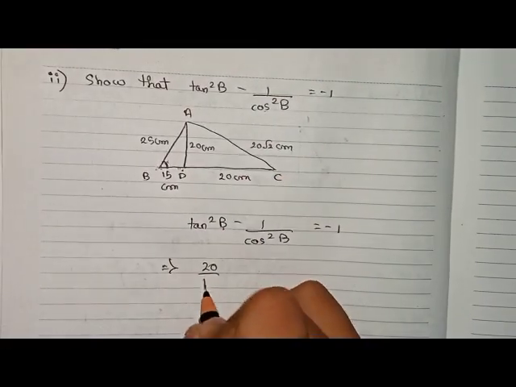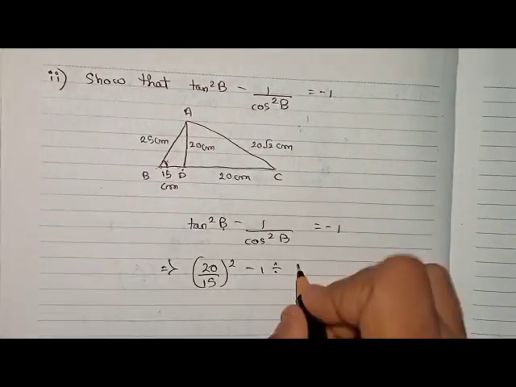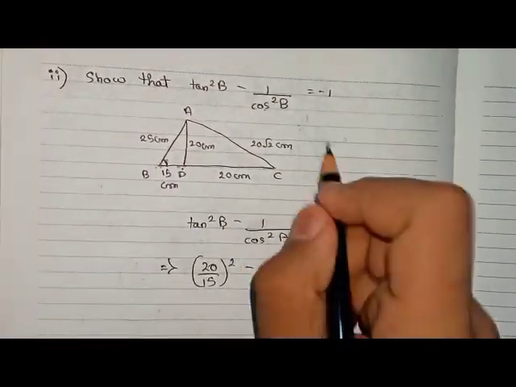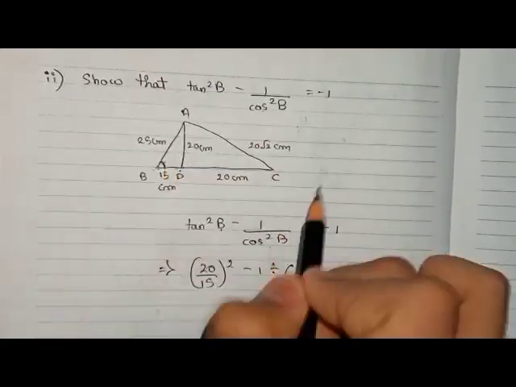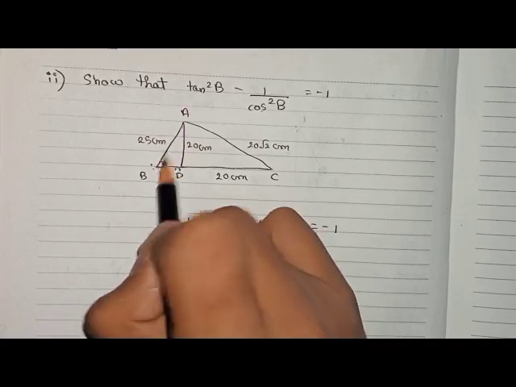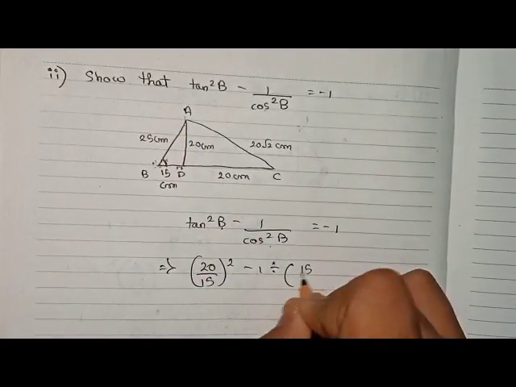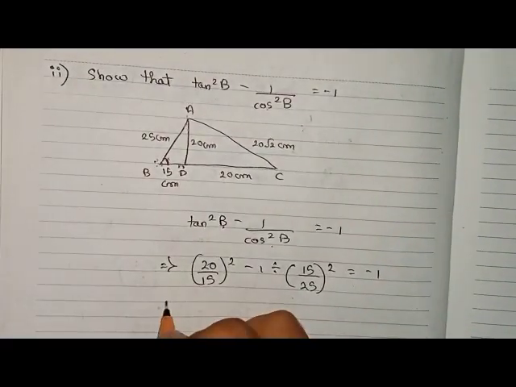So 20 by 15 whole square minus 1 divided by 1 by cos square B. So cos square B means base by hypotenuse. So base is 15 and hypotenuse is AB. So 15 by 25 to the power 2. So minus 1.